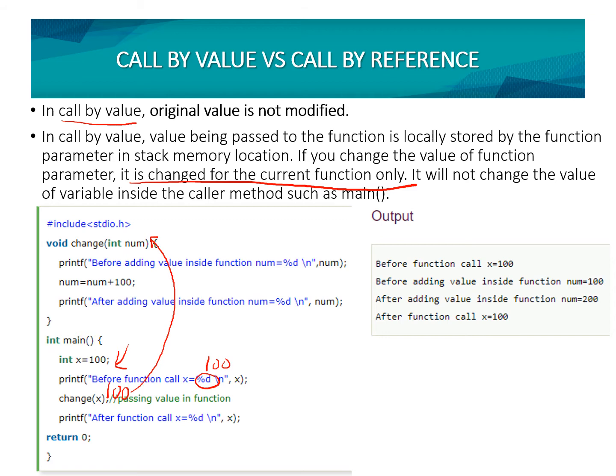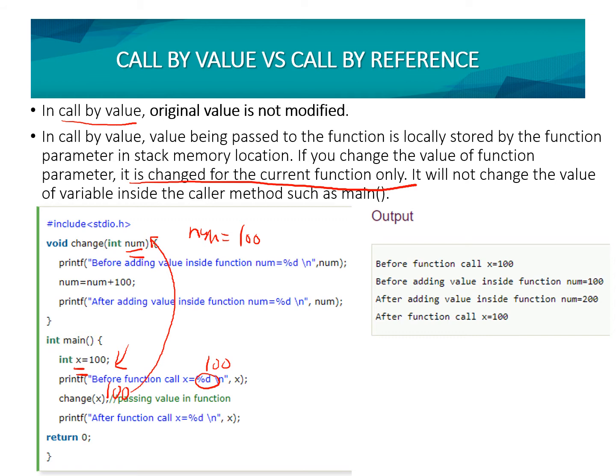So right now we have two different variables, x and num, that have different memory locations. Num here will store 100, so we have two different variables with two values, 100 in num and 100 in x.